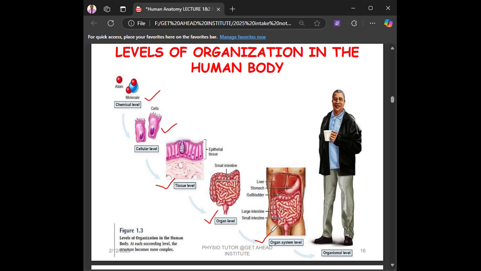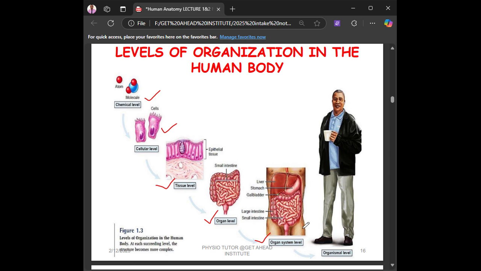An organ system consists of related organs that work together to coordinate activities and achieve a common function. There are actually 11 organ systems in the body.